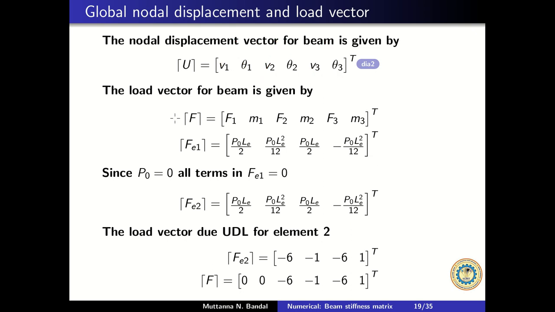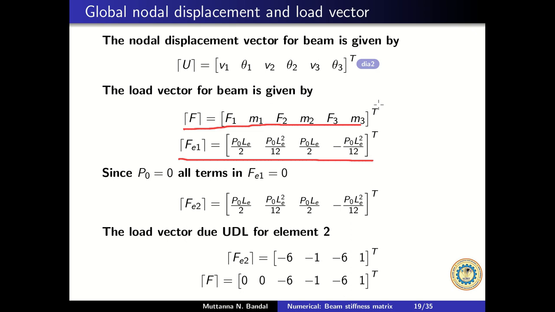Now similarly, I will calculate the load vector F1, M1, F2, M2, F3, M3. These are given by these empirical equations. I already showed how to calculate this in a previous problem. P naught is nothing but the uniformly distributed load.